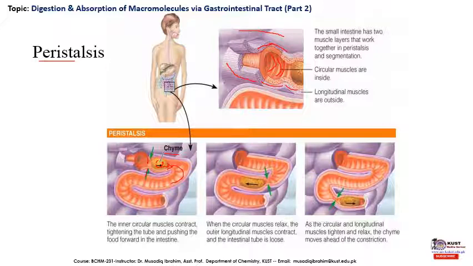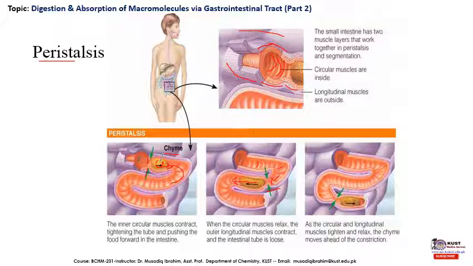And as the circular muscles relax, the longitudinal muscles, which are shown here in purple color, start to contract, and as a result the intestinal tube becomes loose, and the chyme can move forward within the intestinal tract.